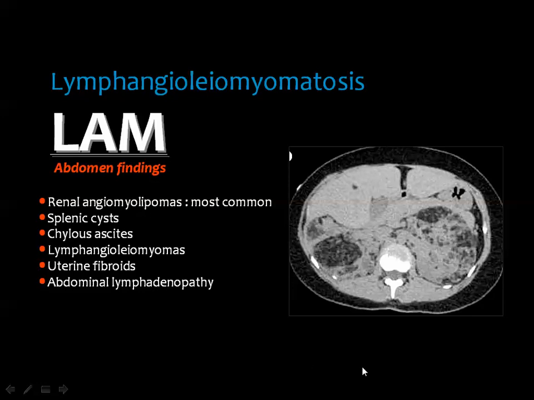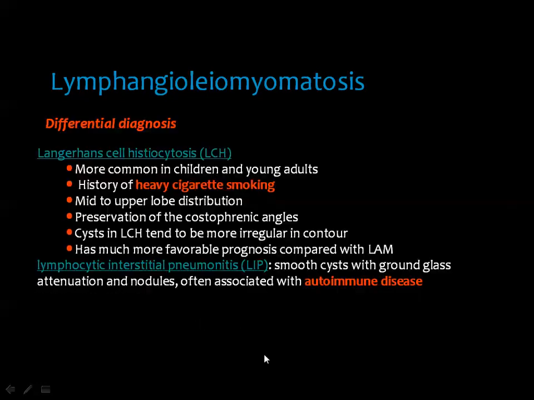Lymphangiomyomatosis may be associated with abdominal findings like renal angiomyolipoma, which is the most common and is usually bilateral, masses containing fat affecting the kidneys. Sometimes you get splenic cysts, sometimes you get chylous ascites or lymphangiomyomas in the abdomen, uterine fibroids, and abdominal lymphadenopathy.